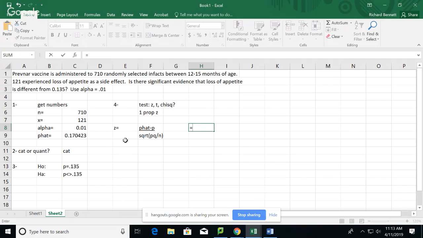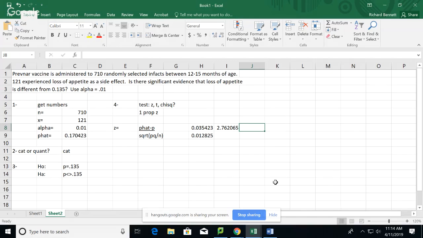P hat 0.170423 minus 0.135 divided by the square root of 0.135 times 1 minus 0.135 over 710. Okay, we'll take the numerator, divide by the denominator. We get 2.76.